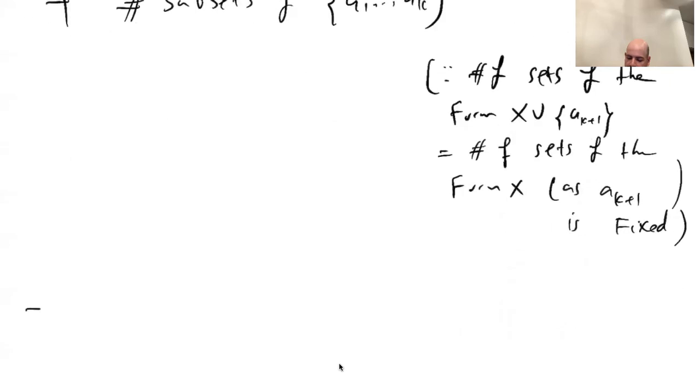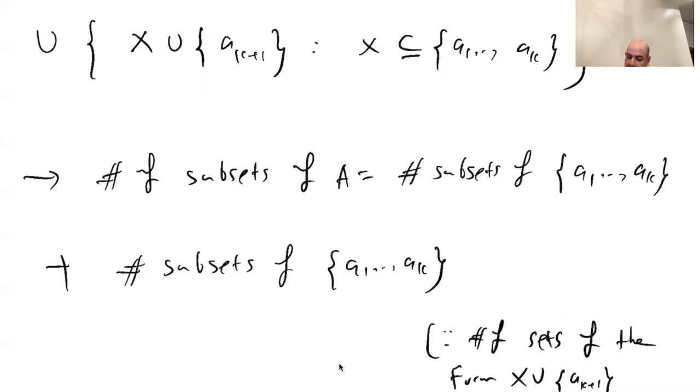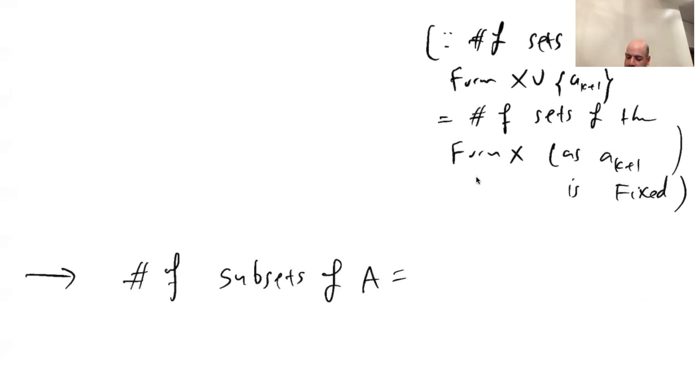Well, what does that mean then? That means the number of subsets of A is how much? The number of subsets of this plus itself. So these two terms are exactly the same, which means 2 times this term. So 2 times the number of subsets of A1 to Ak.